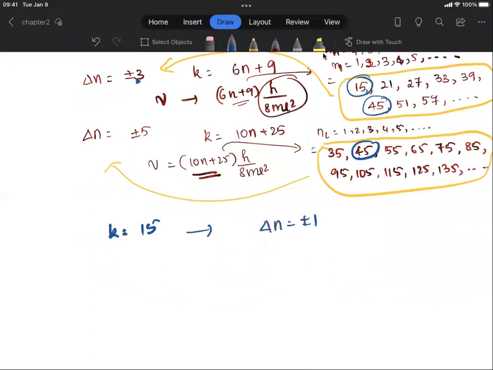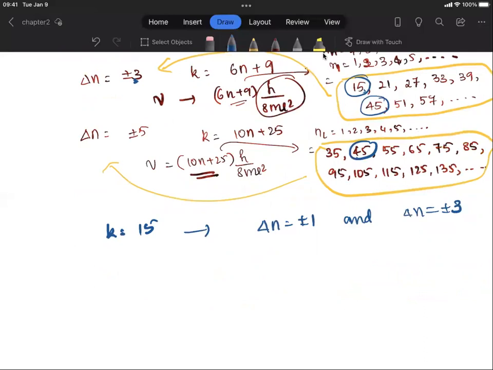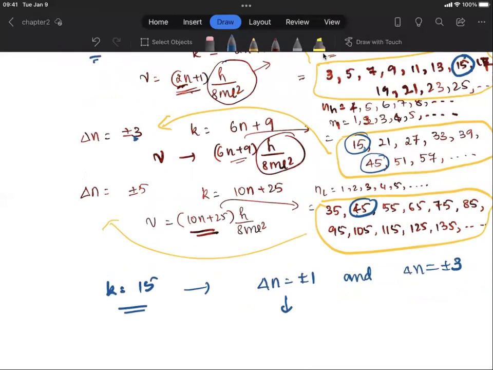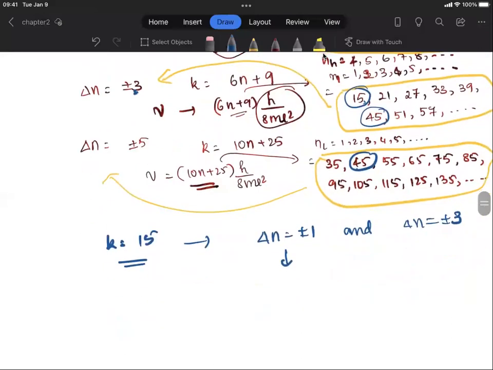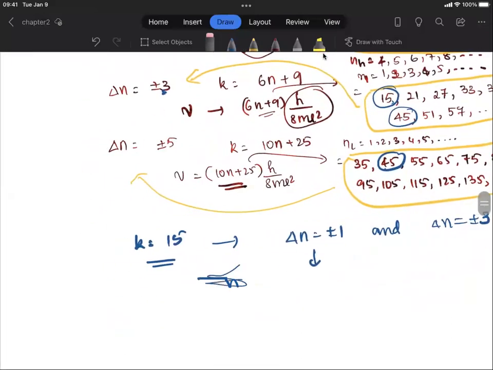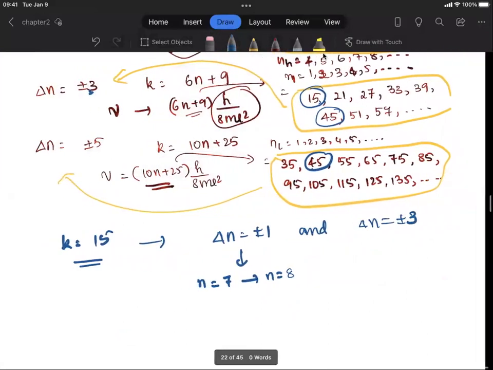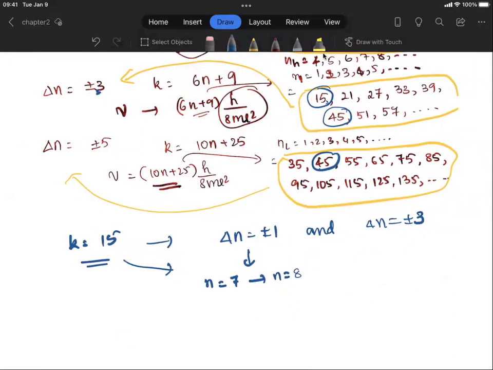That corresponds to these two transitions. The transition with delta n plus or minus 1 that gives a value of 15 is when you go from n equals 7 to n equals 8.